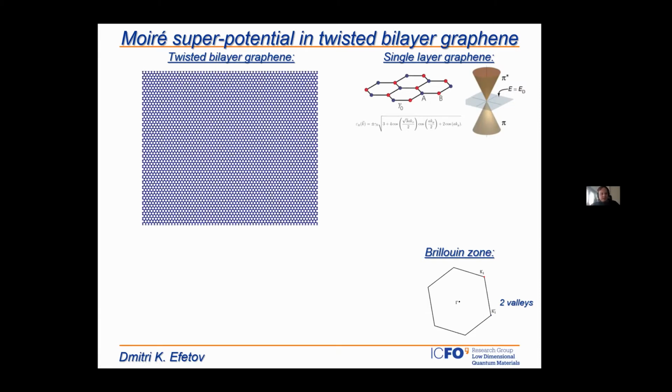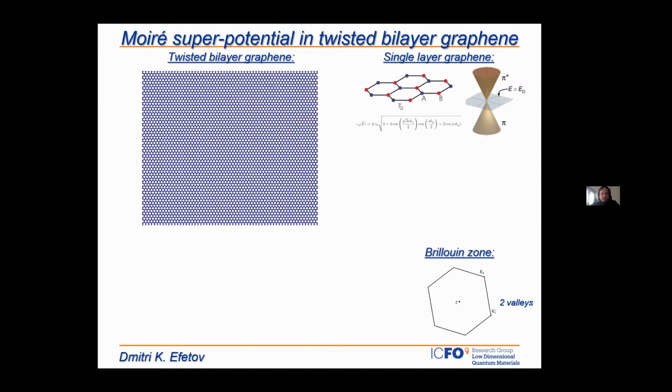This was the famous claim that electrons in graphene behave like massless particles, and the dispersion relation is linear. Also in graphene, the Brillouin zone is hexagonal, and we have two Dirac cones at the K and K prime points. Therefore, in graphene we typically have a fourfold degeneracy: we have valleys and we have spins.